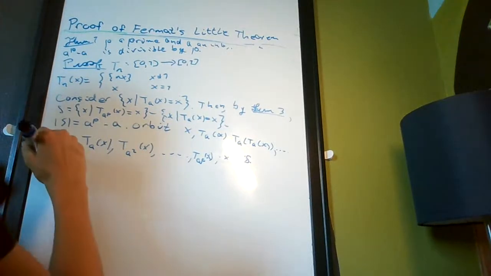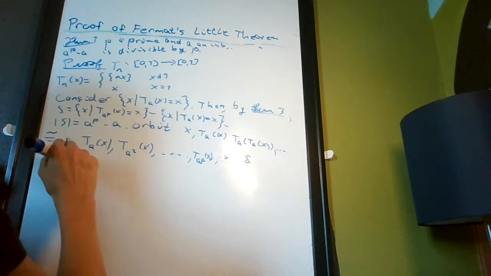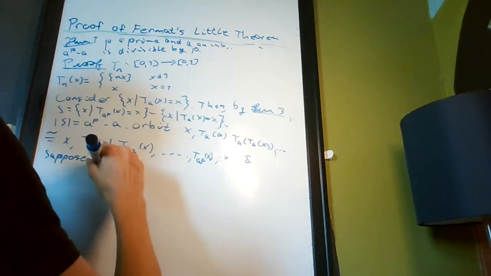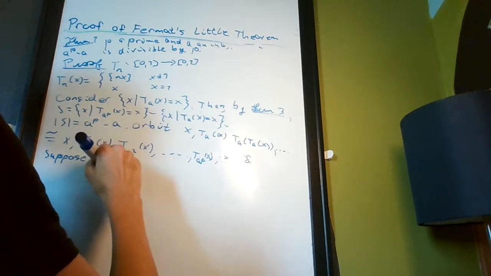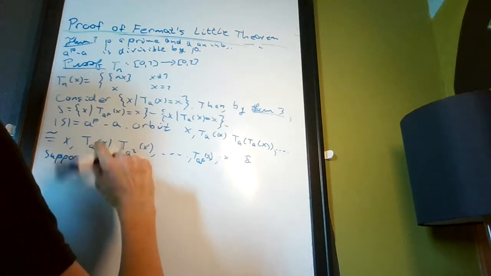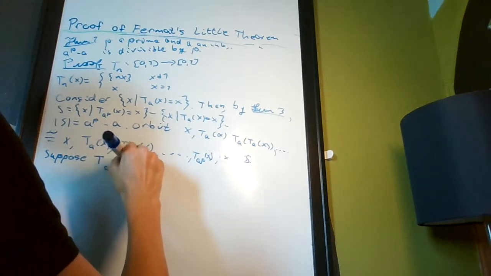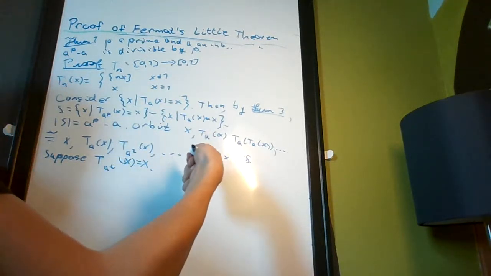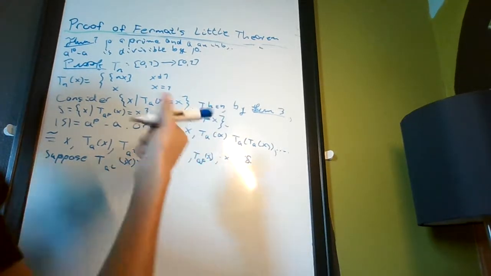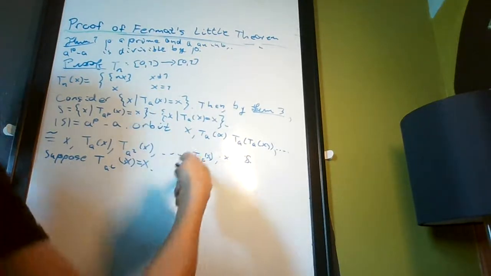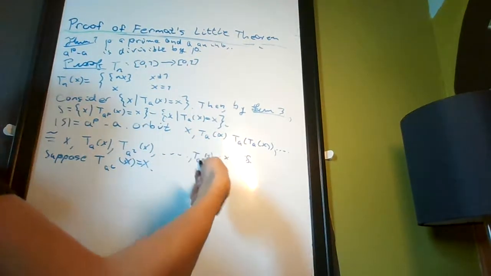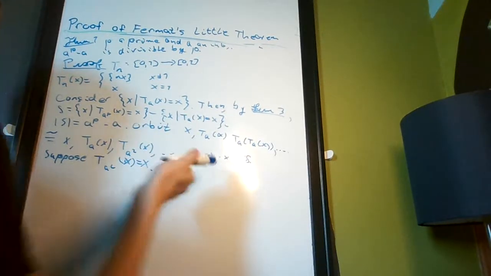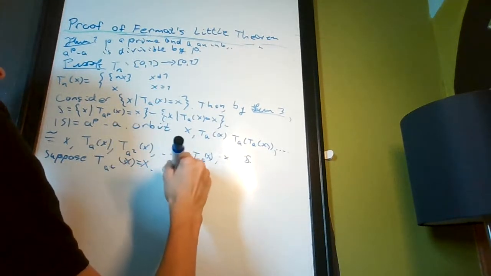Now suppose it was a fixed point of some earlier one, like TA to the c of x is equal to x. Then, because it's also a fixed point of a to the p, we must have that c must be a multiple of p, which means that c is equal to 1.